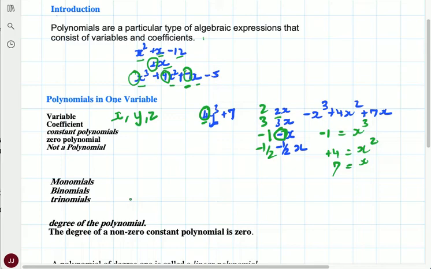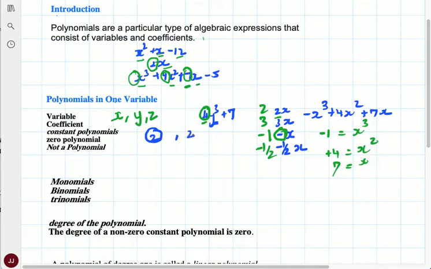Let's see what is a constant polynomial. Suppose we have 2 alone. This alone is also a polynomial. What does this constitute? This constitutes what is called a constant polynomial.